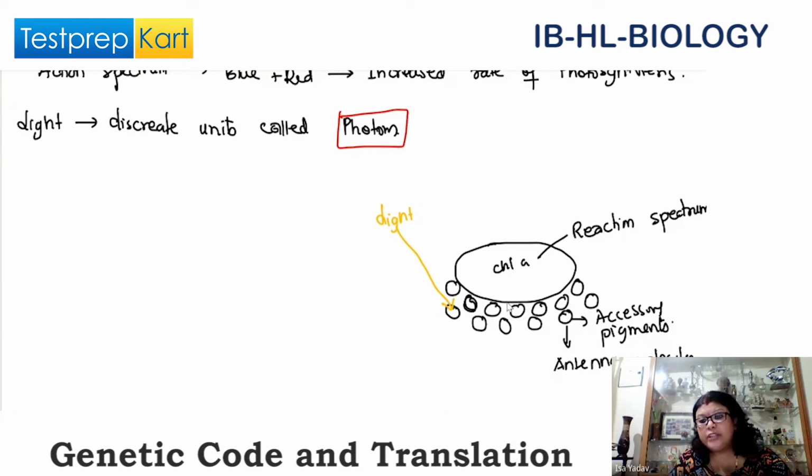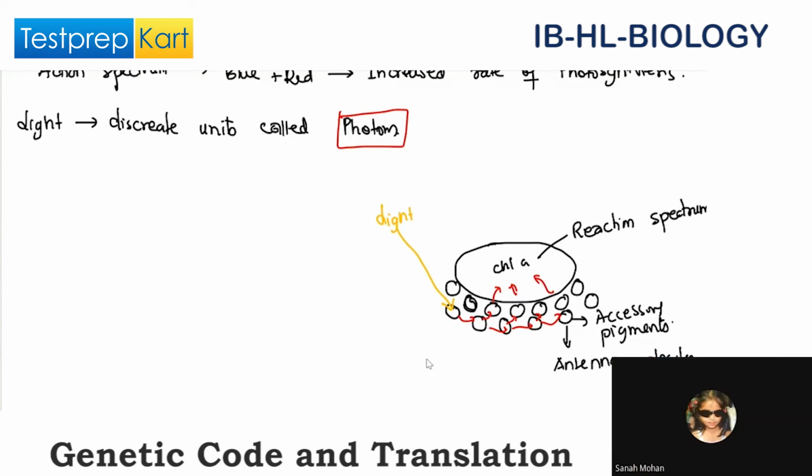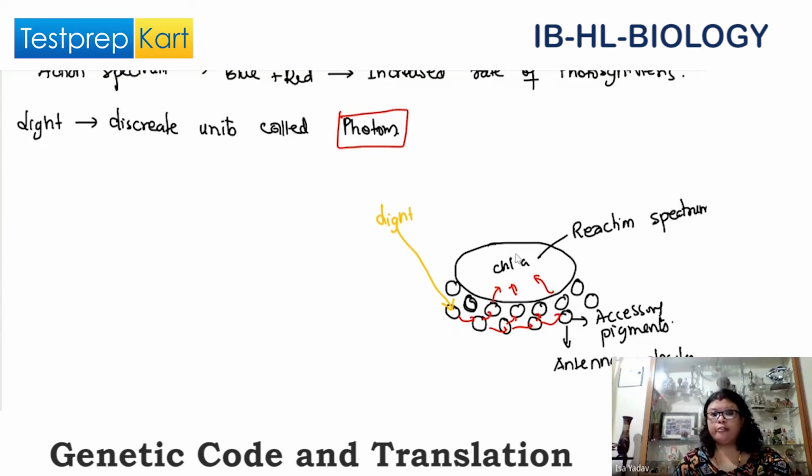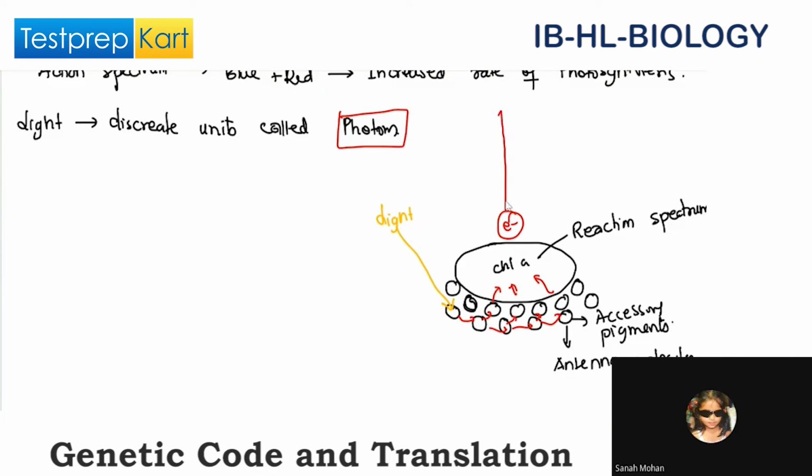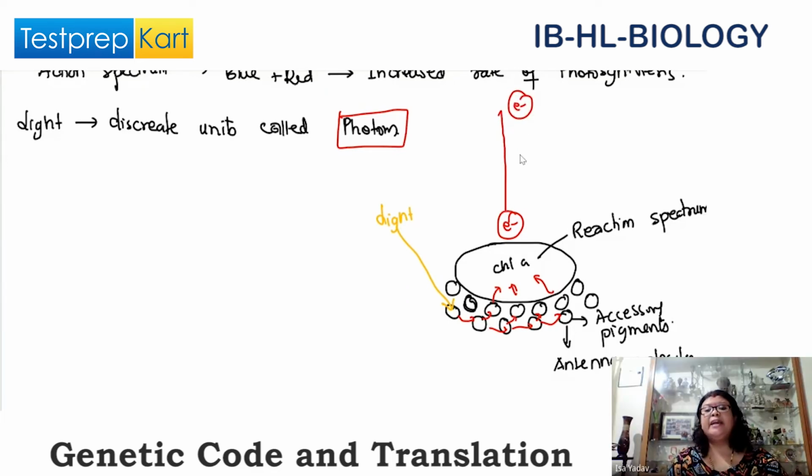Once the light falls on them, they transfer energy from one antenna molecule to the other, and ultimately it reaches chlorophyll A. Because the electron in the outermost shell of chlorophyll is getting energy, it gets excited and moves to a higher energy level.